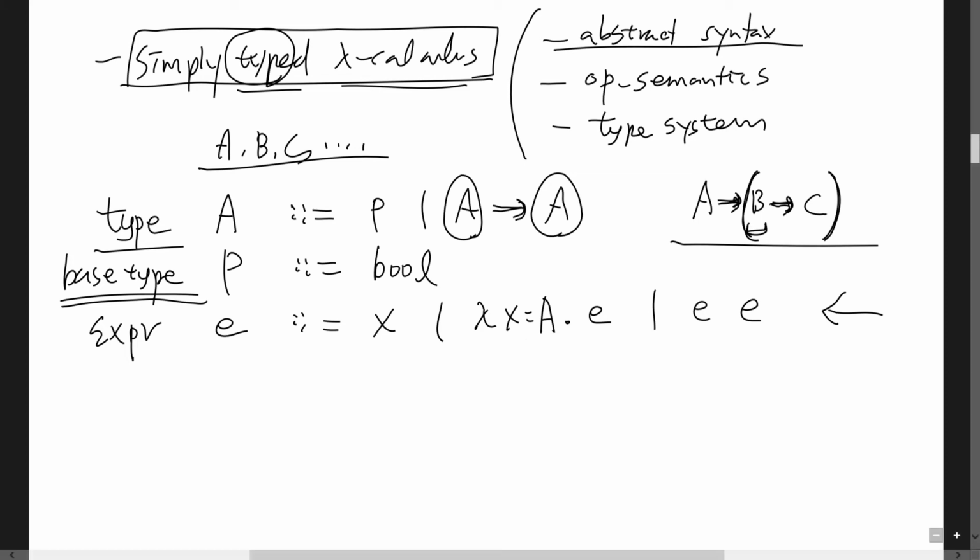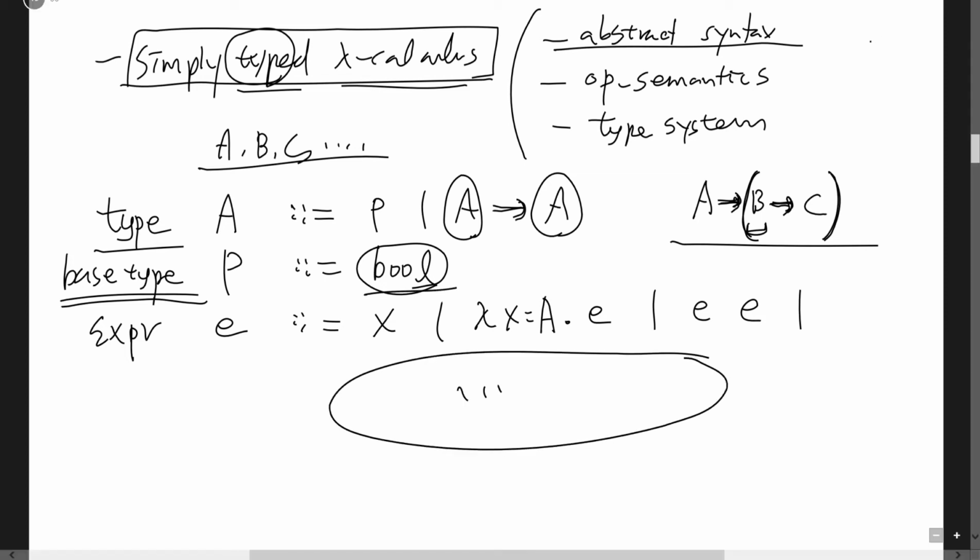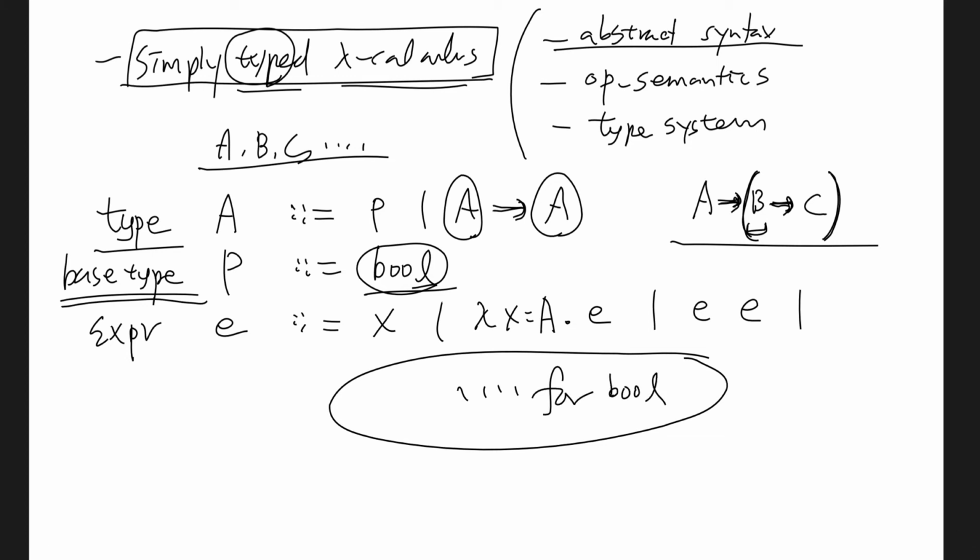Next, we want to provide the primitive construct for this base type. So in our case, we consider only a single base type bool. So you have to provide something for bool here because you are designing this programming language. So as a designer for this programming language, you decided to support the base type bool.